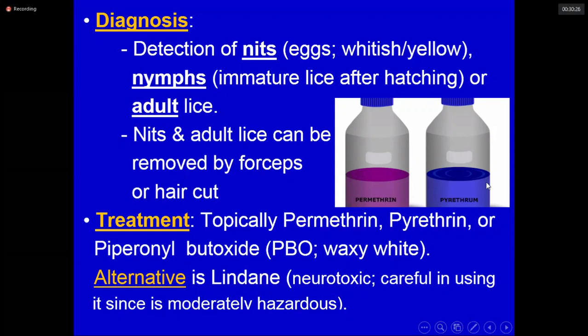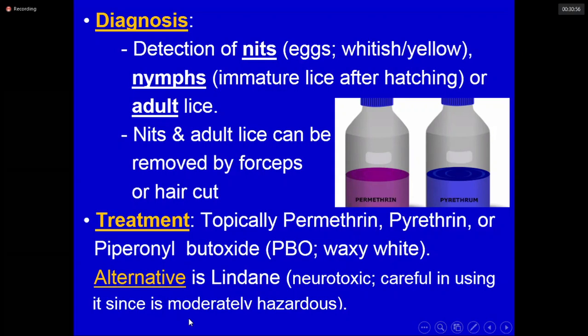Or piperonyl butoxide, which is a waxy white material called PBO. Alternative to this treatment is lindane. However, lindane is neurotoxic. One should be careful in using it, since it is moderately hazardous.